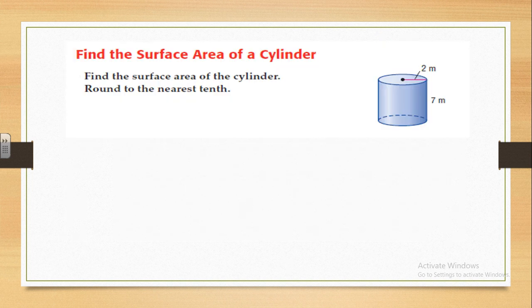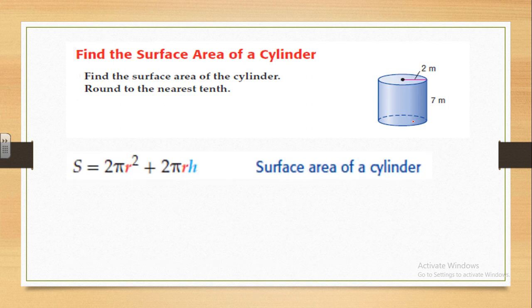Okay, now let's see the first question we have today. Here he gave this cylinder and he put the numbers on the picture, so we will take it and solve. He wants you to find the surface area of the cylinder, and he tells you to round to the nearest tenth. So if we have a long decimal, we will round to the nearest tenth. First of all, let's write the rule.